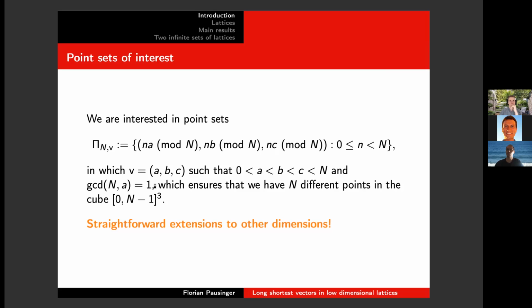If the greatest common divisor of n and a is 1, you always get a set of n different points in the 3-dimensional unit cube. Of course, you can study such point sets also in 2, 4, 5 dimensions by just adding more parameters or more coordinates.